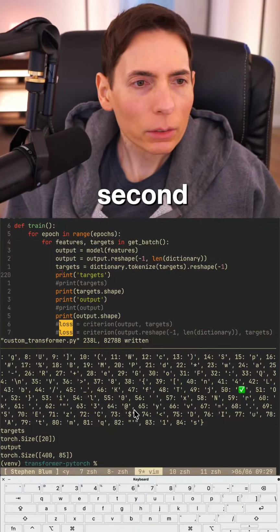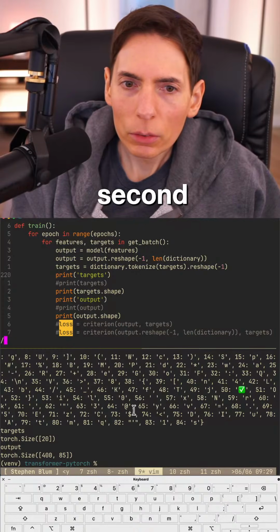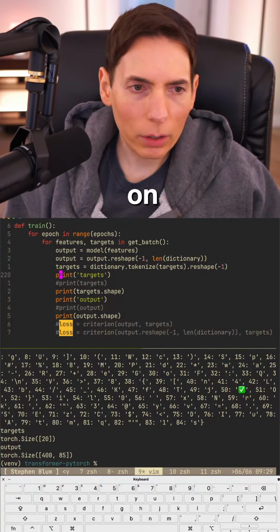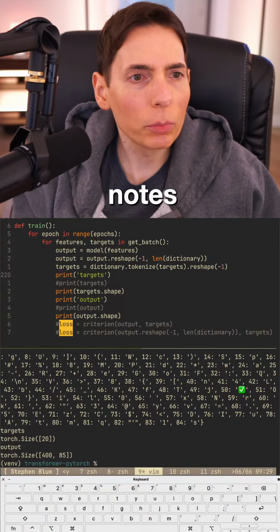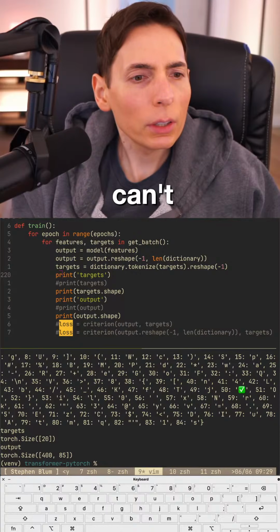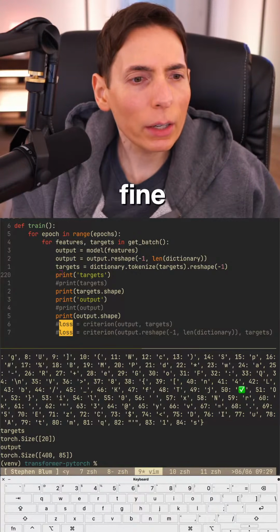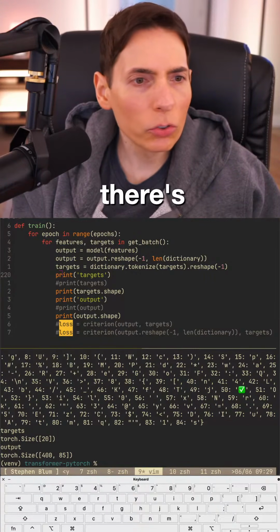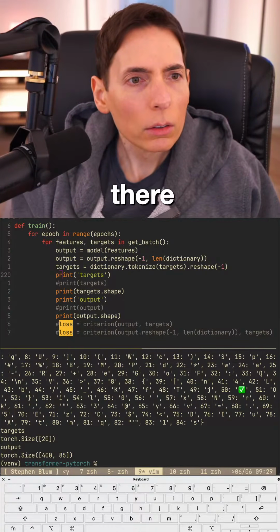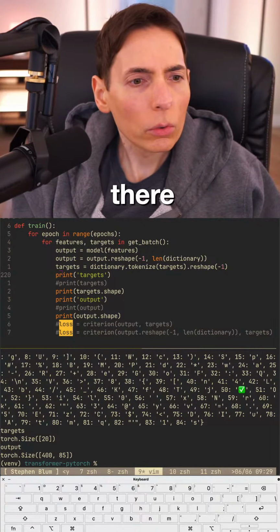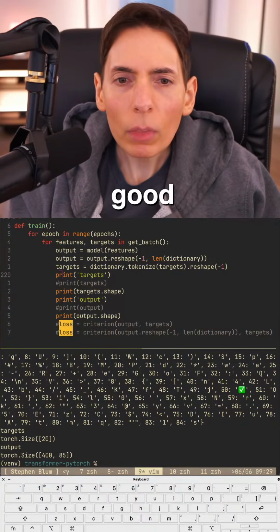Hold on a second. I've got notes, because I didn't want to get stuck again. Let's see. All right, that seems fine. That's right there, right? There's no changes there. Dropout value, yep, looks good.